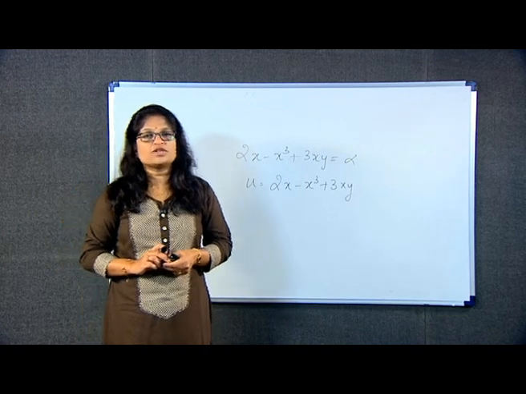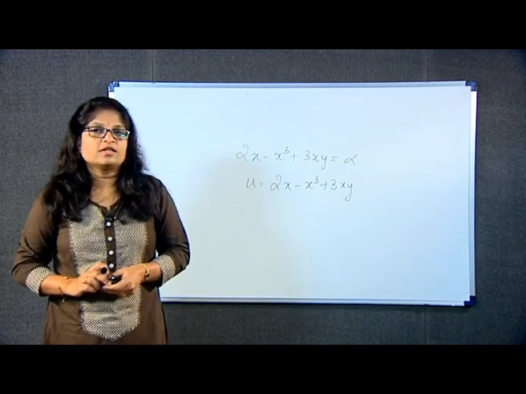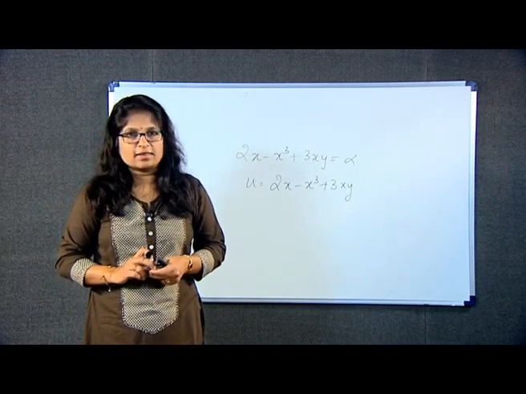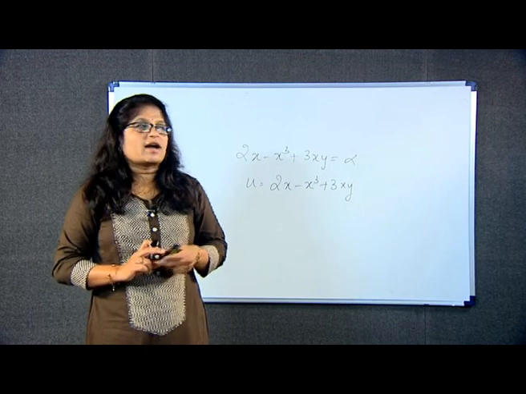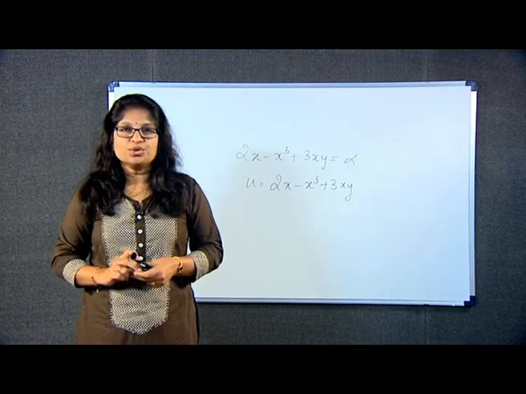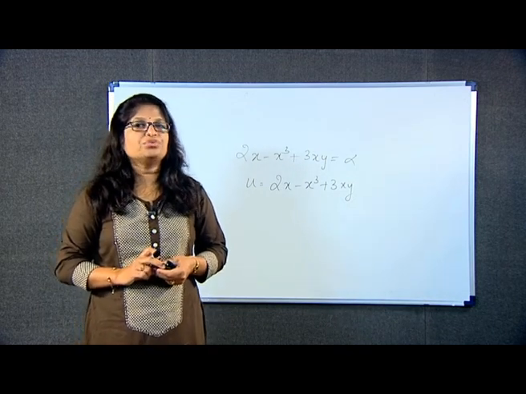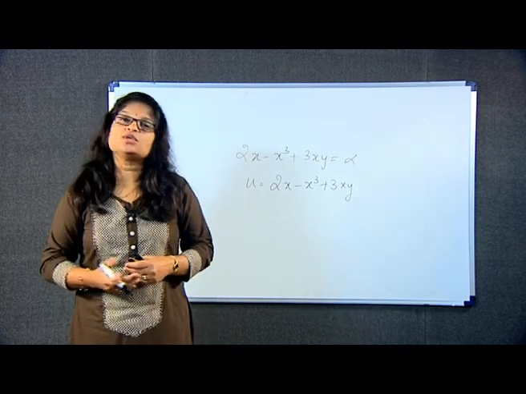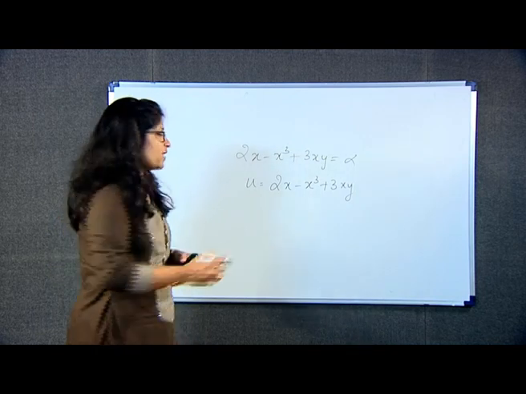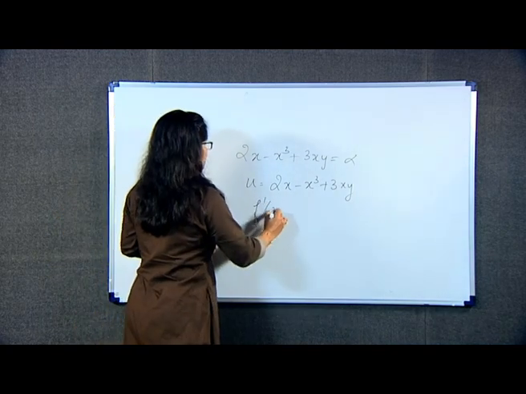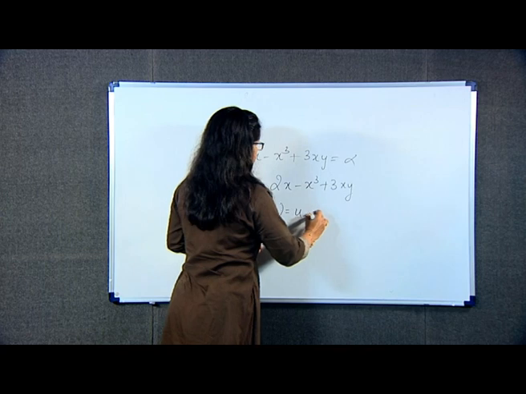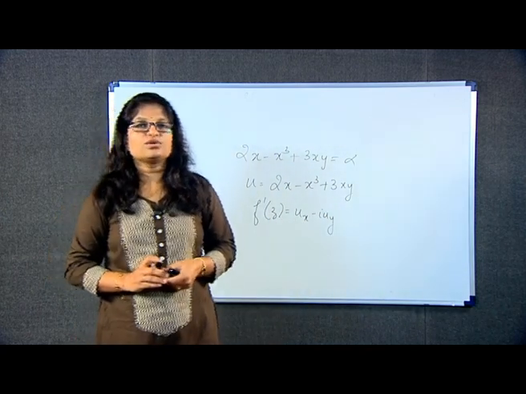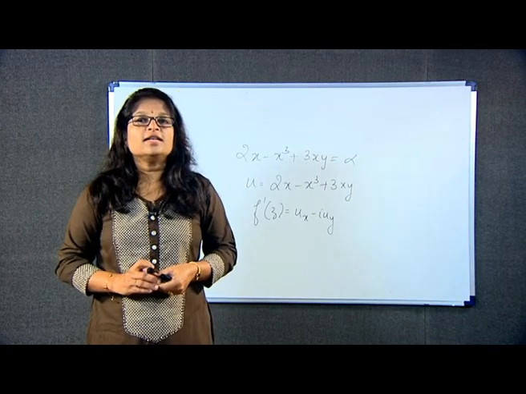So, how do I proceed and find out my orthogonal trajectory in this case? You can still use the Milne-Thomson's method here. If I call this as u, you can either proceed by calling it as u or v. So, here I call it as u. You proceed using Milne-Thomson method by writing f dash as ux minus iuy. Then you put x equal to z, y equal to 0, then integrate it with respect to z.